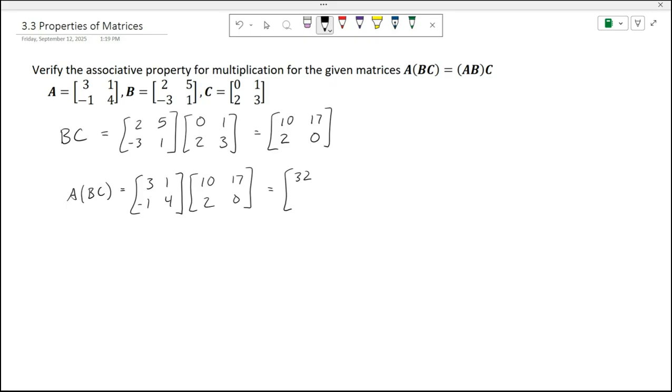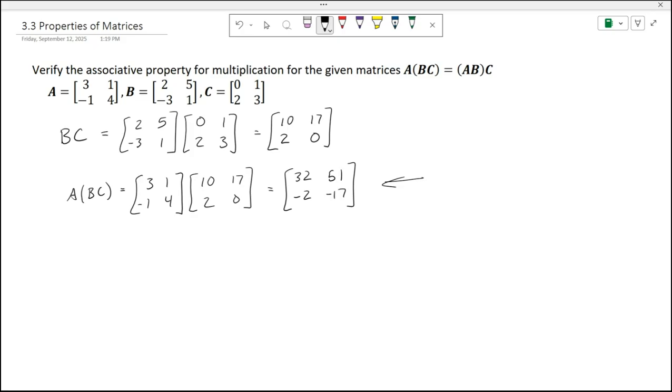And then the first row times the second column, 3 times 17 is 51, plus 1 times 0, so I get just 51. Using the second row, -1 times 10 plus 4 times 2, so it'll be -10 plus 8, which is -2. And then the last one, -1 times 17 plus 4 times 0 is -17. Okay, so this is the end result that I needed to find for the left side.